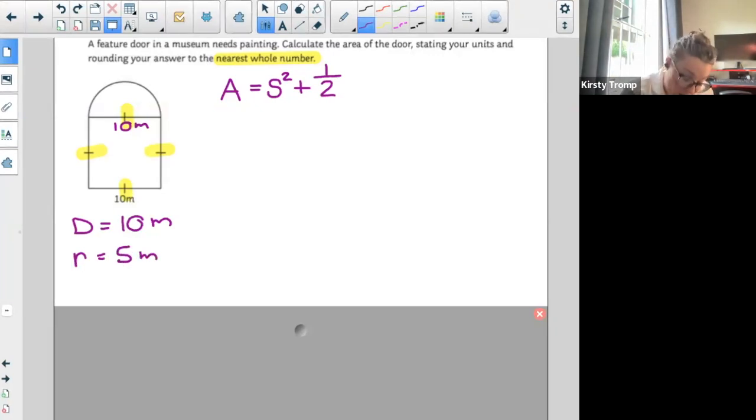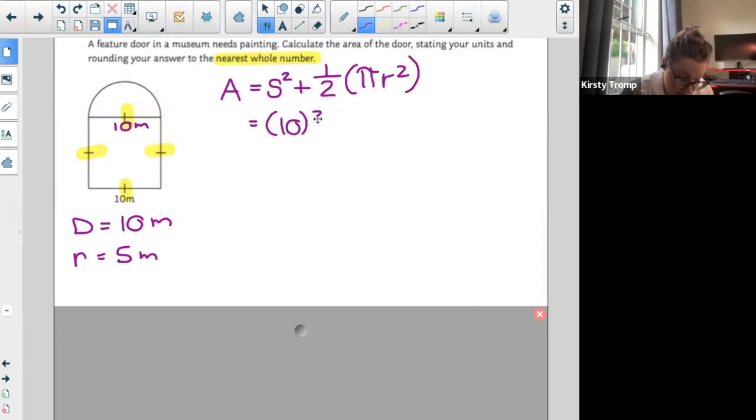So I'm going to have half times pi r squared. So my side was 10 squared plus a half pi times 5 squared.